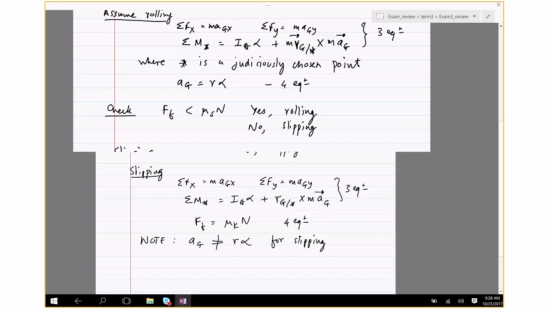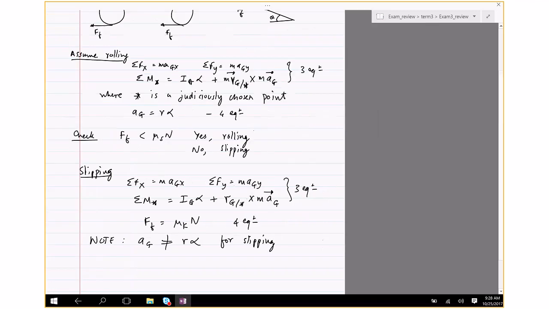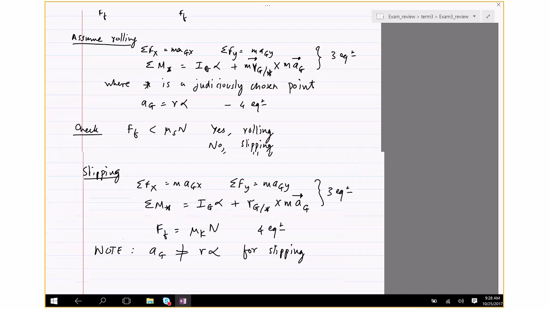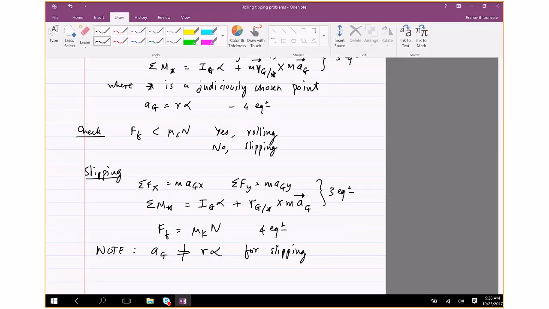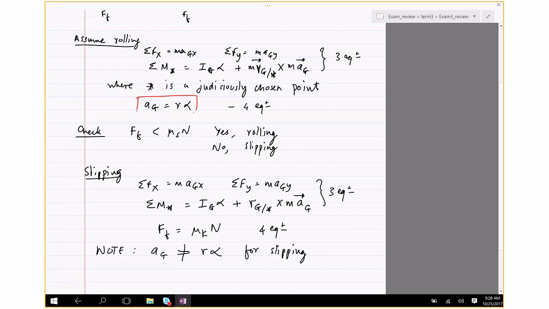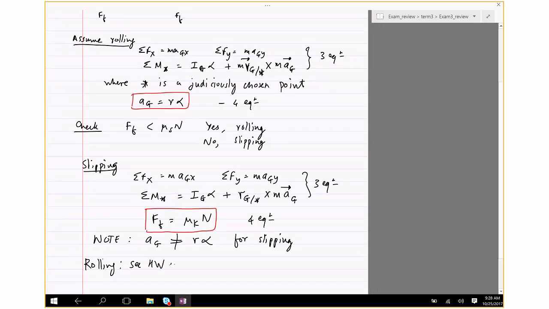So what you see is that there are only four equations, three from F equals ma. The fourth equation for rolling comes from kinematics, which is AG equals R alpha. In the case of slipping, it comes from the friction condition. If you want more practice, for rolling you should see the homework questions.